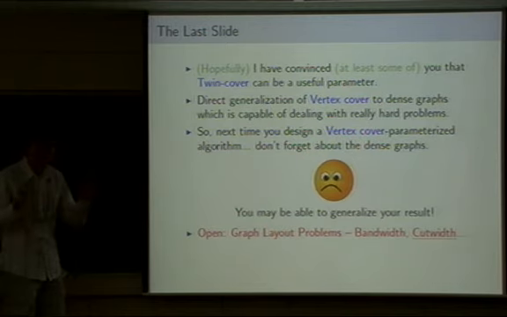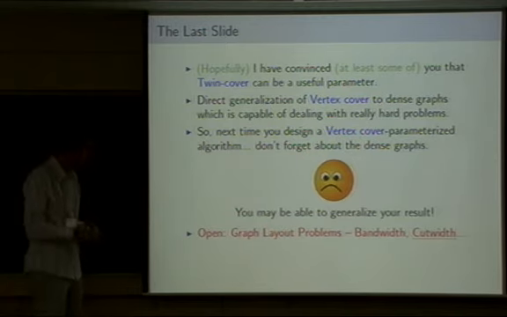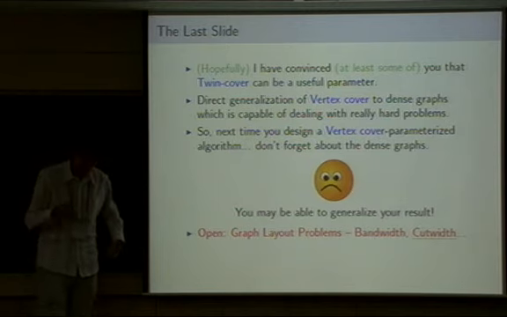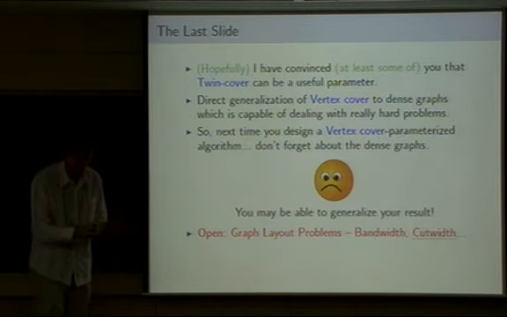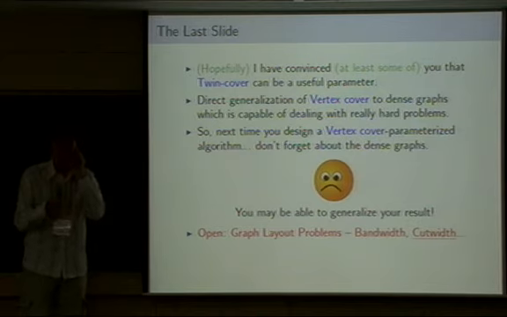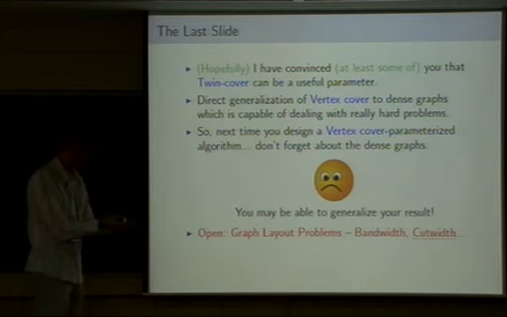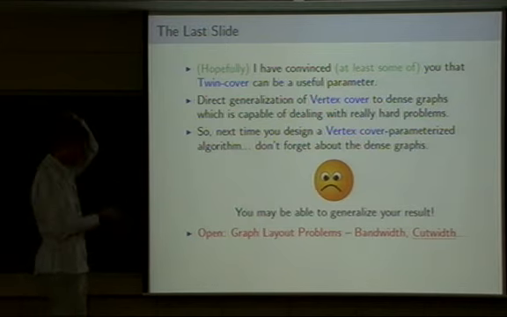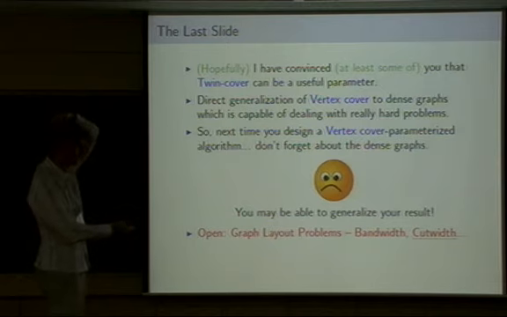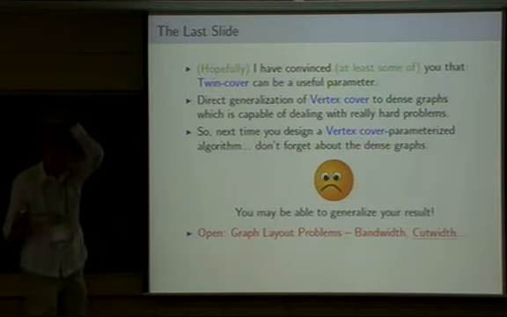And just some quick notes about open problems. The graph layout problems, that's problems which were previously solved on graphs of bounded vertex cover by an ILP formulation. And that's kind of hard to do for twin cover. If you just have an ILP formulation, then it's not so easy to get it for twin cover. But if you had some structural proofs, then I think it could be done.